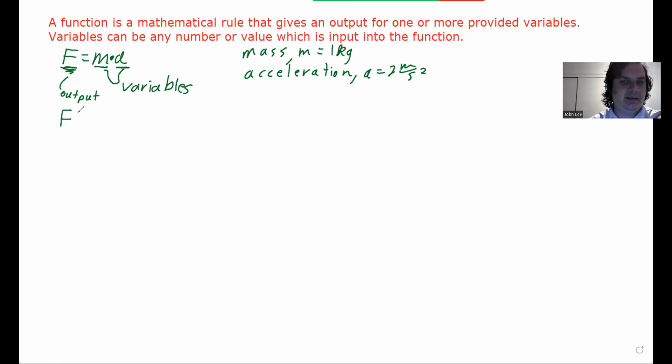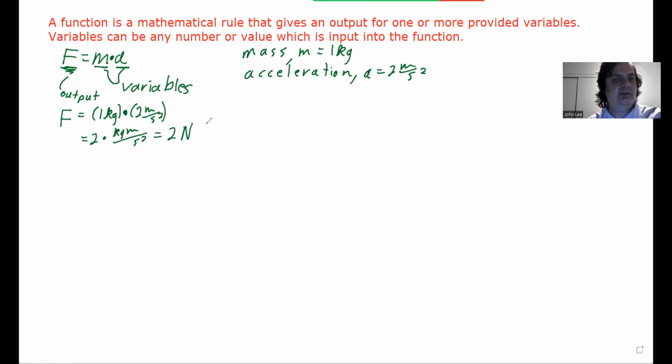So F is equal to your value here, 1 kilogram, times the acceleration equals 2 meters per second squared, which is going to be 2 times kilogram meters per second squared, which is going to be equal to 2 newtons.